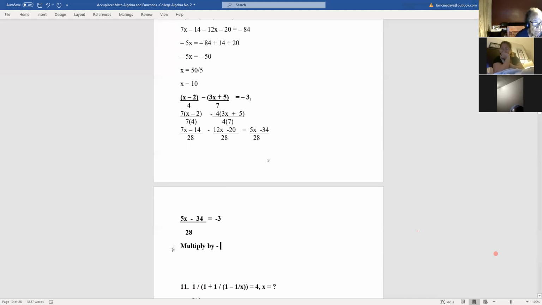This is a 1 here. So it's really, let me just do this, cross multiply. And what you'll have left is 5x minus 34 equals, what's a minus 3 times 28? Minus 84.